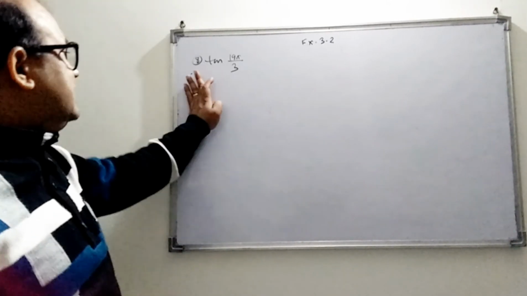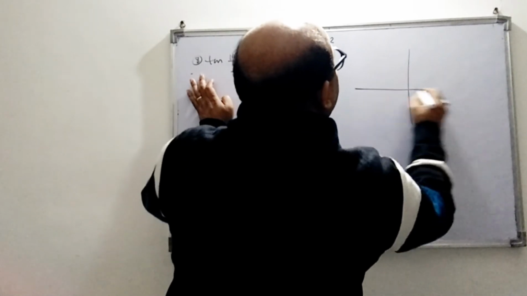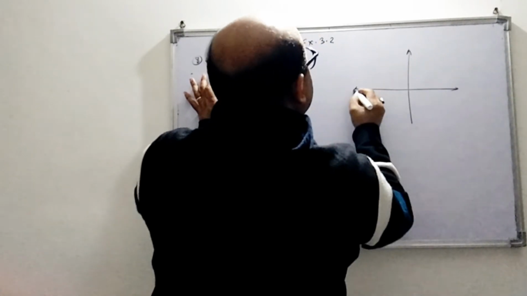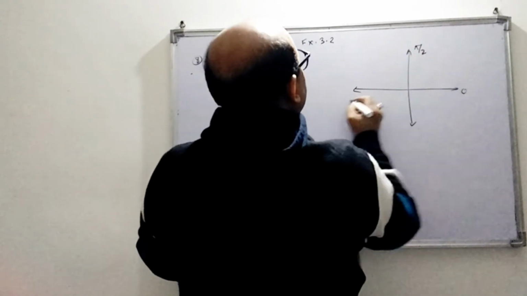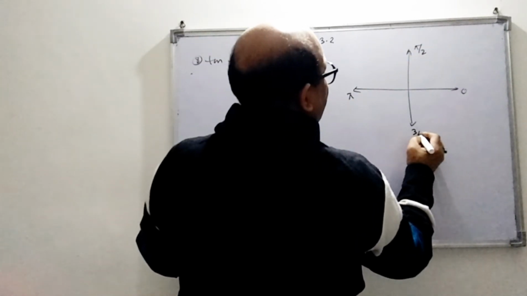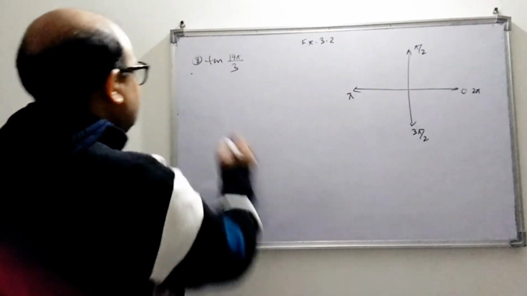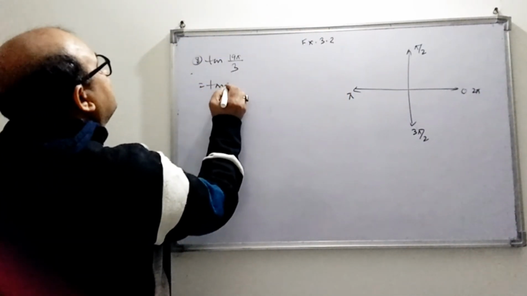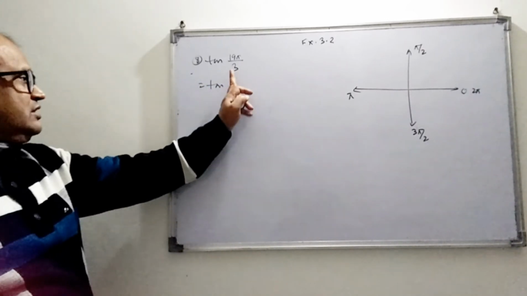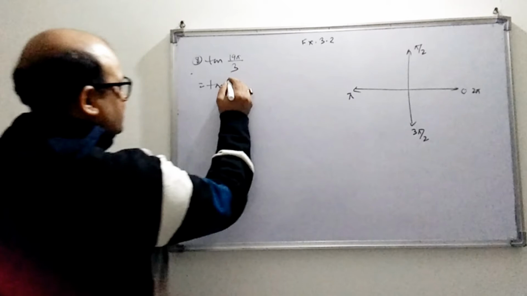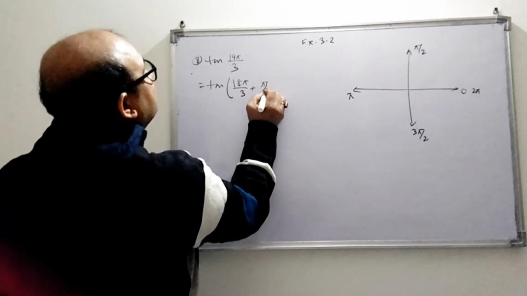Now the next question is tan 19 pi by 3. Let us go to pi: 0, pi by 2, pi, 3 pi by 2, and 2 pi. So tan 19 pi by 3, I can write it as 18 pi by 3 plus pi by 3.